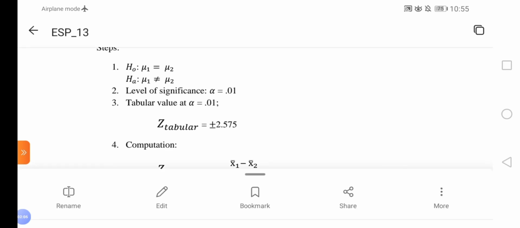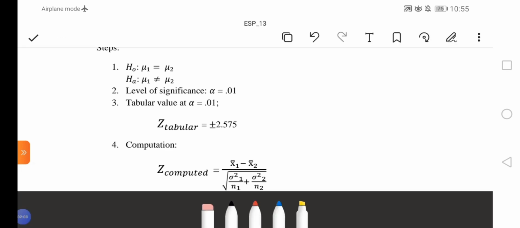Next, we have the level of significance, 0.01. And for our step number 3, we have to find the value of z tabular.